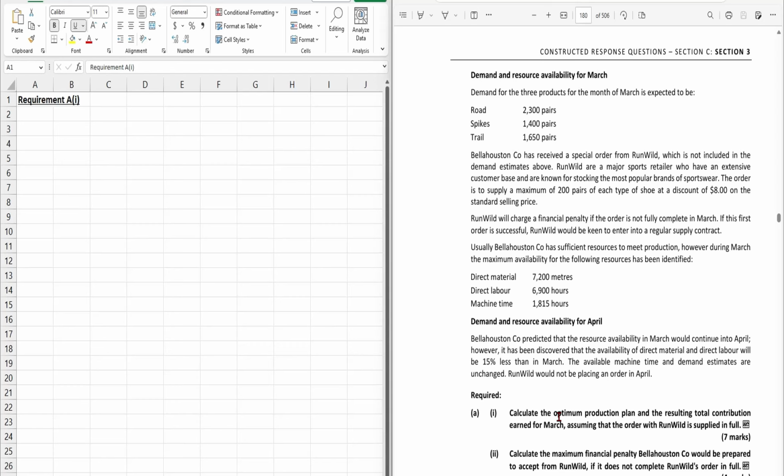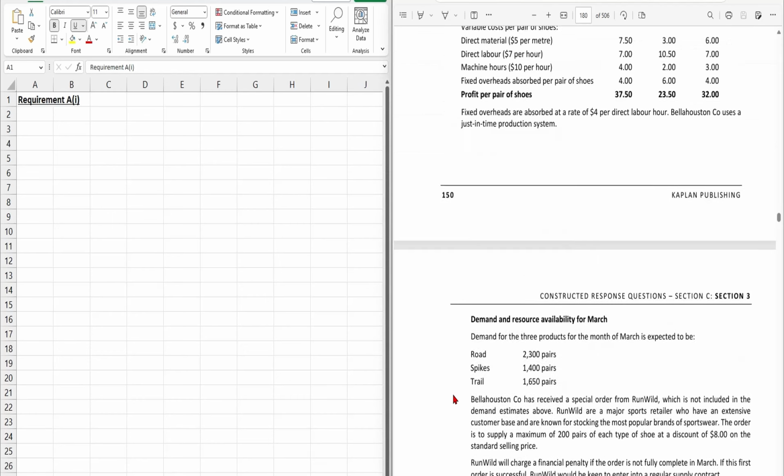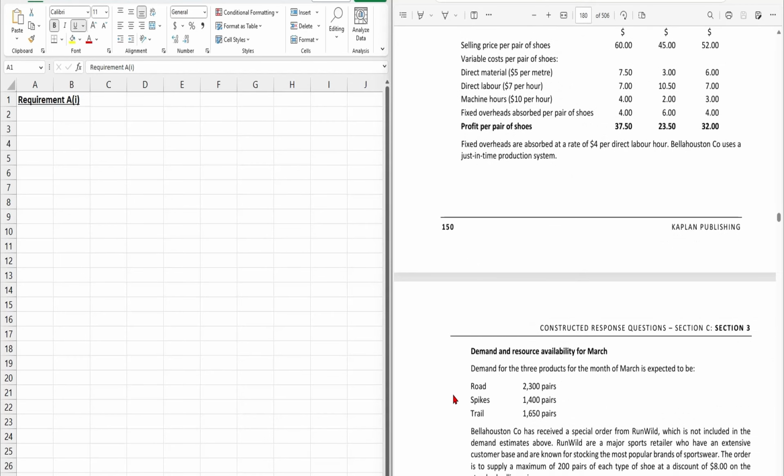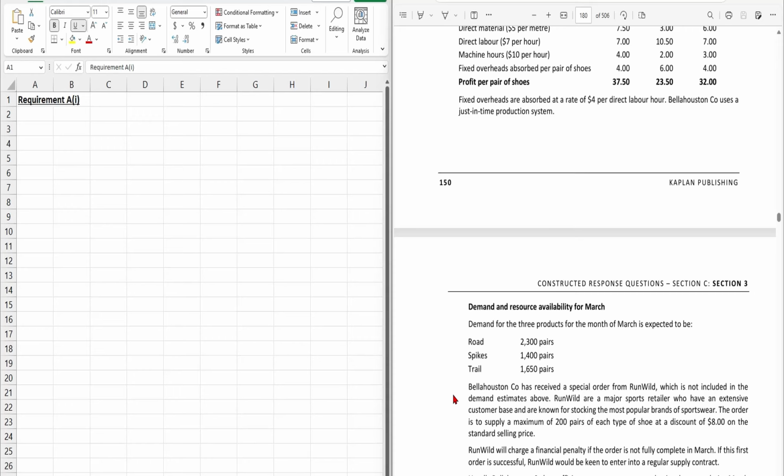So the question asks to calculate the optimum production plan and the resulting contribution that we have earned, assuming that the order with Runwild is supplied in full. Basically, the company manufactures three different types of shoe, and the demand for the month they have provided, but in the month, one customer, Runwild, has come to Bella Houston and asked for 200 pairs of each type of shoe, along with a discount of 8%.